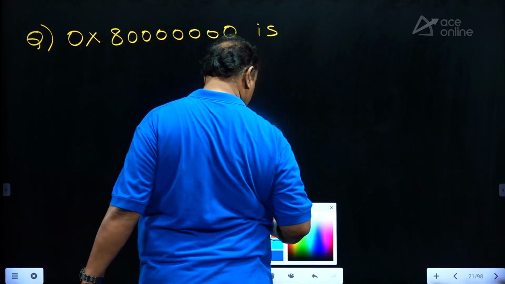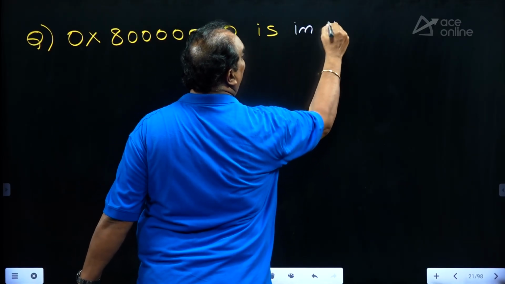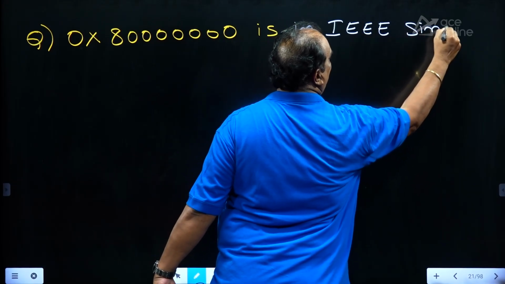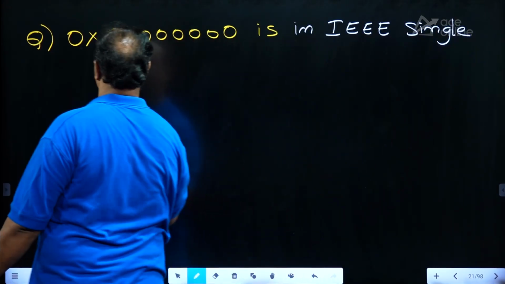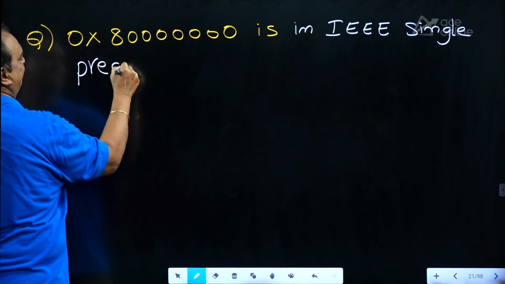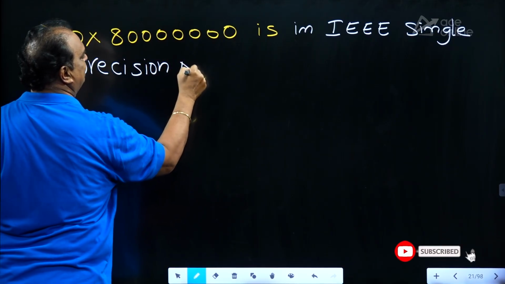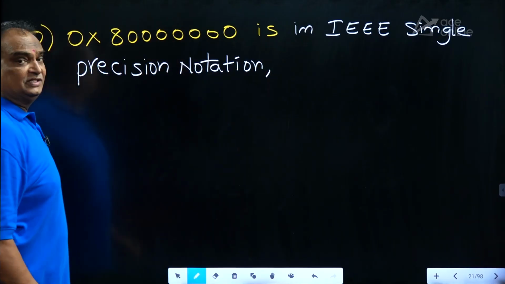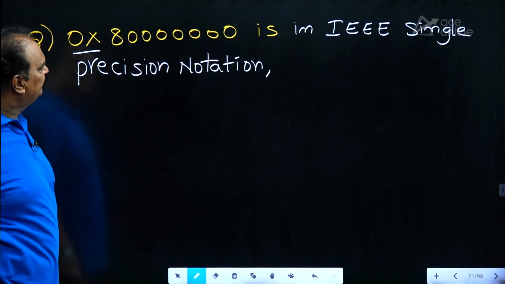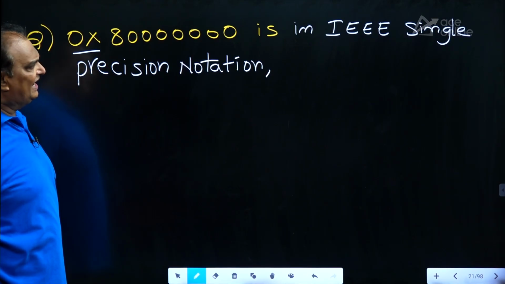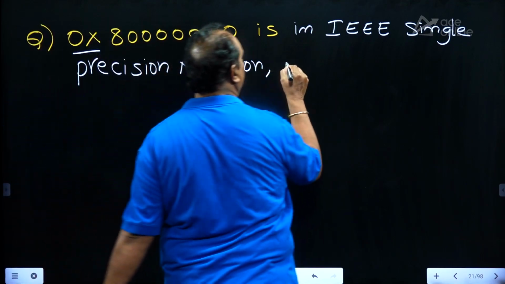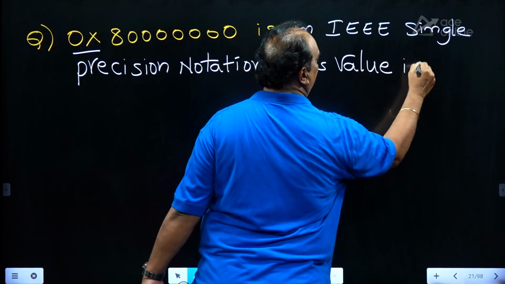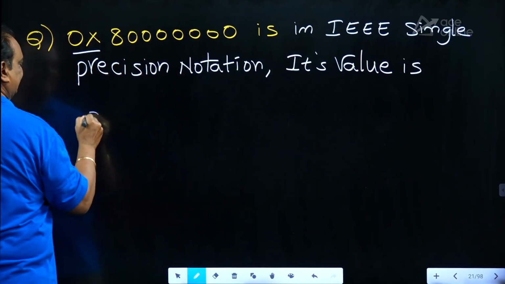This data is in IEEE single precision notation. 0x means this data belongs to hexadecimal, followed by 8 and seven zeros. It is in IEEE single precision notation. Its value is? It is an MCQ question, and the options are like this.